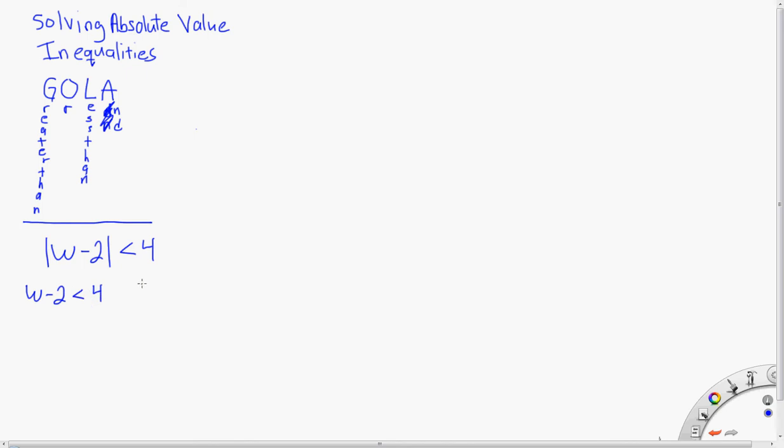Now we have to also rewrite it. W minus 2, we flip the sign from less than to greater than, and make the right hand side negative.